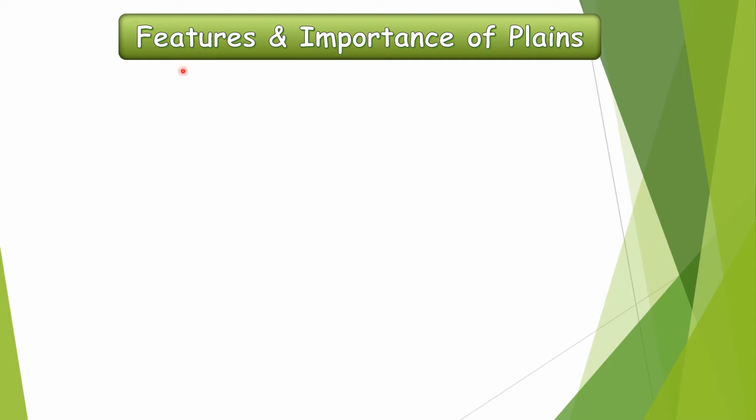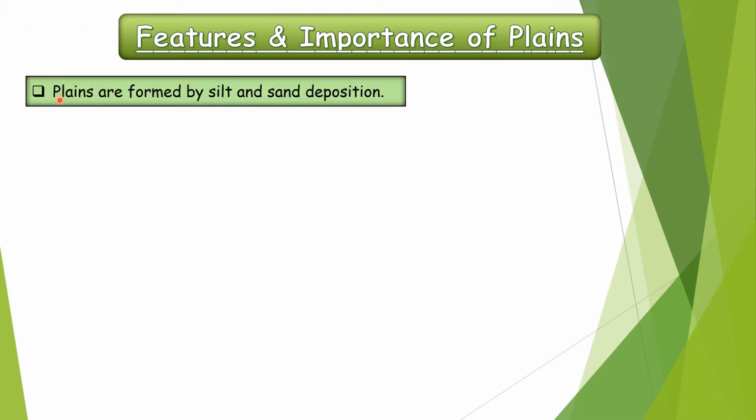Now let's see what are the different features and importance of plains. First point, plains are formed by silt and sand deposition. Now children, as we all know that river is a flowing water body, and when river starts from mountain, it runs with speed and it carries silt and sand with it.